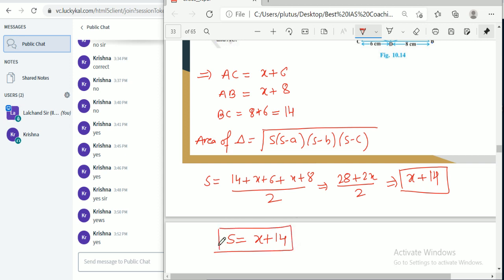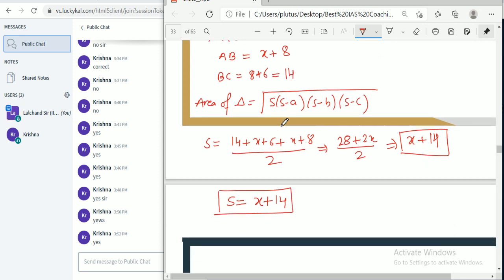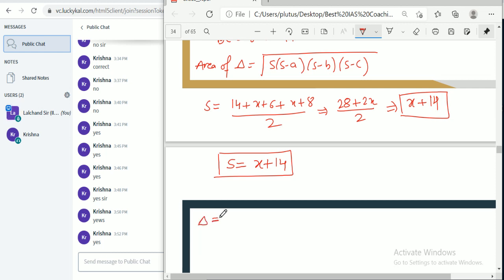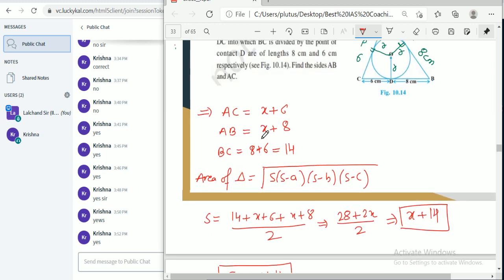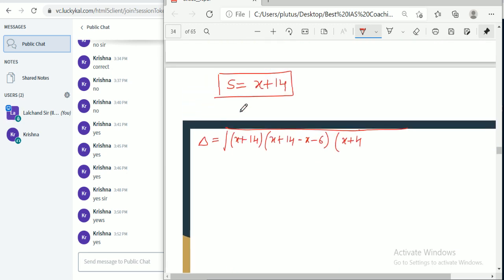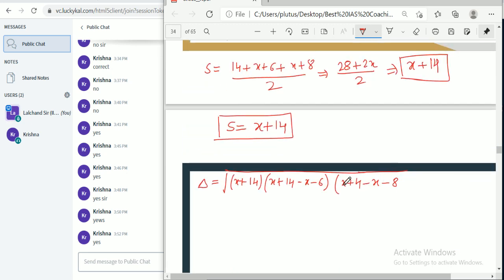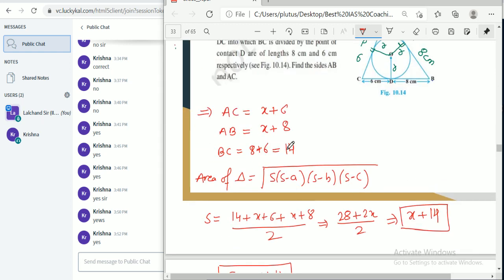Now if we substitute this value in the formula, delta is equal to the root of S, that is X plus 14, into X plus 14 minus A, A means this side, so X minus 6; then X plus 14 minus B, that is the AB side, so minus X minus 8, this is 6; and S minus C, that means this 14.